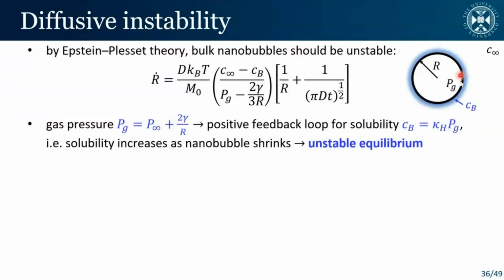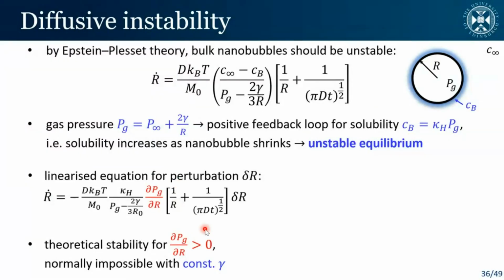So we have a boundary condition at the bubble interface, where the concentration is proportional to the internal gas pressure by Henry's law. And as the bubble shrinks, this gas pressure increases, which in turn makes the gas concentration go up. So it essentially pushes more and more gas out as it shrinks, which puts it in a positive feedback loop and essentially an unstable equilibrium.